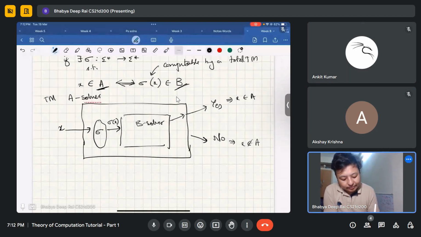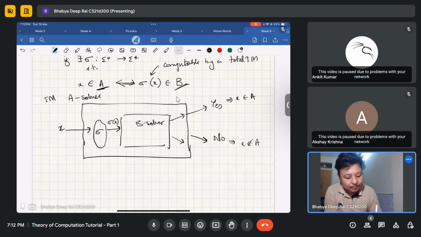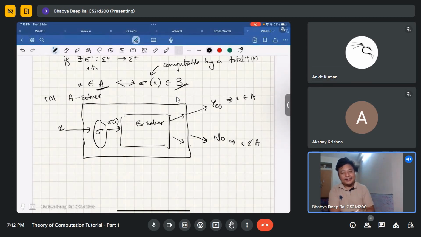So B solver will say yes or no. If B solver says yes, then A solver will also say yes, and if B solver says no, then my A solver will also say no. And we'll prove that it is correct.